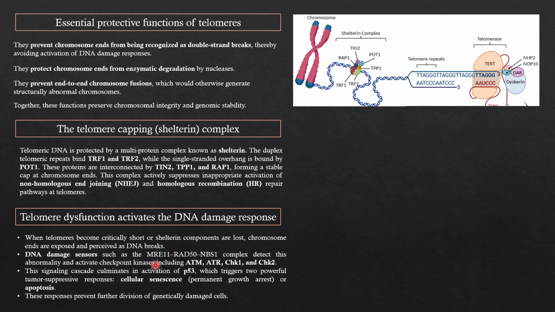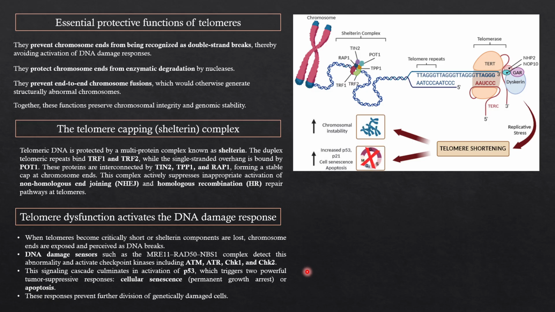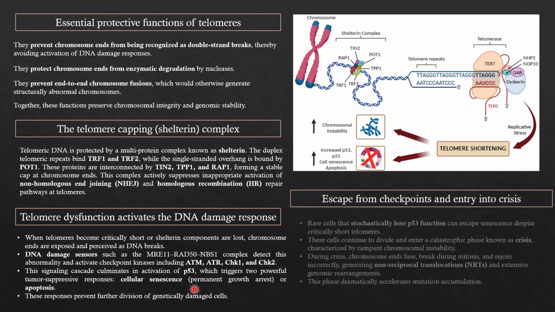DNA damage sensors such as the complex of MRE11, RAD50 and NBS1 detect the abnormality and activate the checkpoint kinases ATM and ATR, which results in the activation of CHK1 and CHK2. This signaling cascade culminates in activation of p53, which triggers two powerful tumor suppressive responses, cellular senescence, or permanent growth arrest, or apoptosis, and results in the prevention of further divisions of the genetically damaged cells.